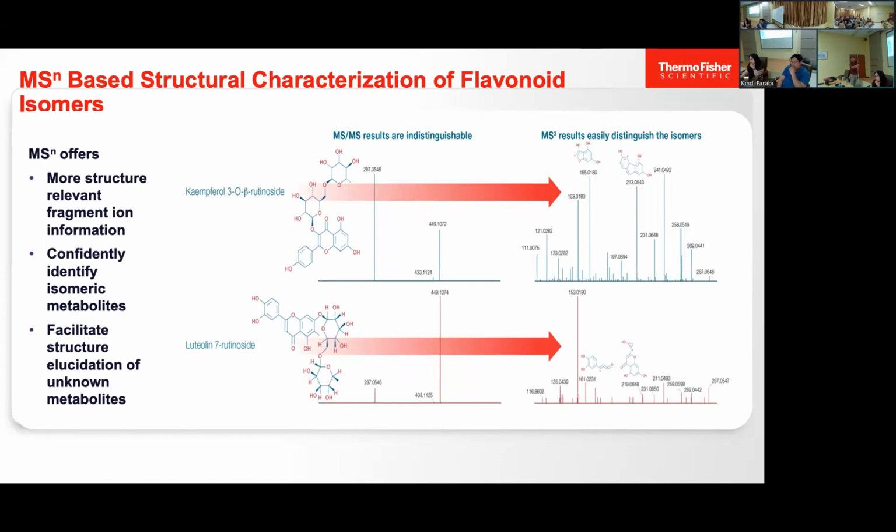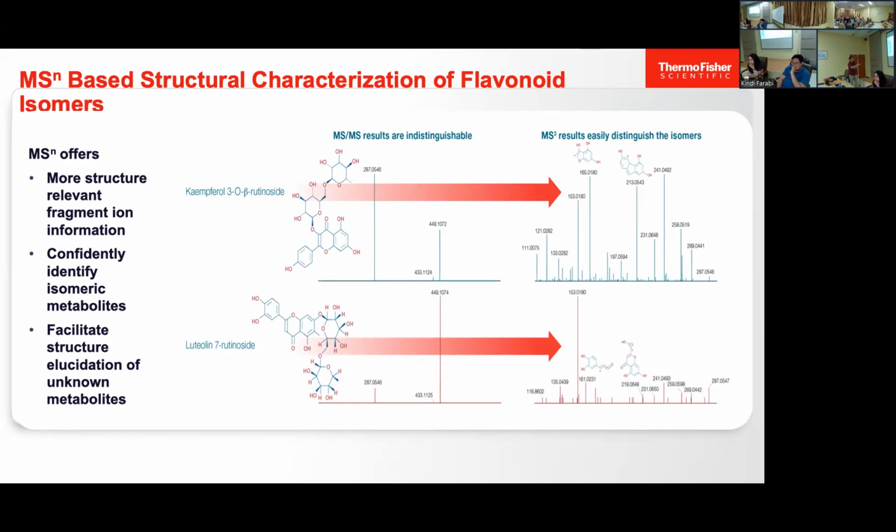So how MSn is going to benefit is that it is able to reveal more information. When you do MSn, the collision gases will go inside the main structure and perform a fragmentation. It may need to use a higher energy, but it doesn't matter. You are able to fragment.